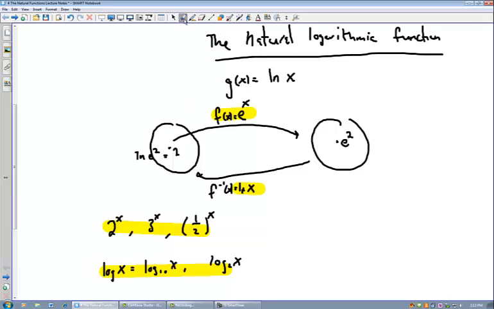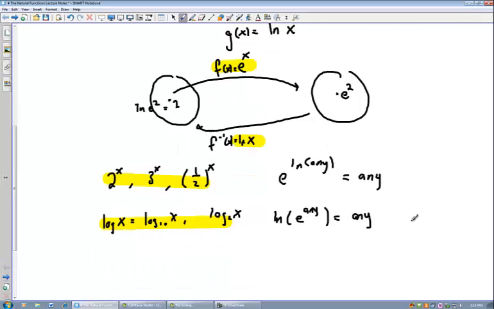The way this works is we're going to see that e to the ln of anything is actually equal to the anything, and ln of e to the anything is actually equal to the anything. And so these 2 identities right here will allow us to work with most of these types of functions. So suppose I want to work with, let's say 2 to the x.